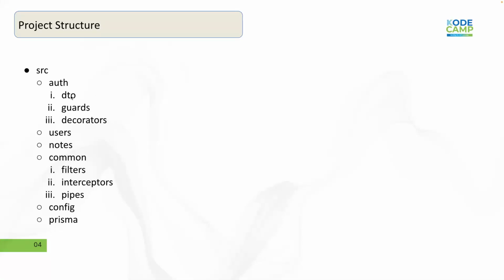We have auth, DTO, guards, and decorators. Okay. So first of all, for now, we'll not be needing the guards. We'll create the guards when we actually want to authenticate. But we have the necessary directories right now. So moving on.